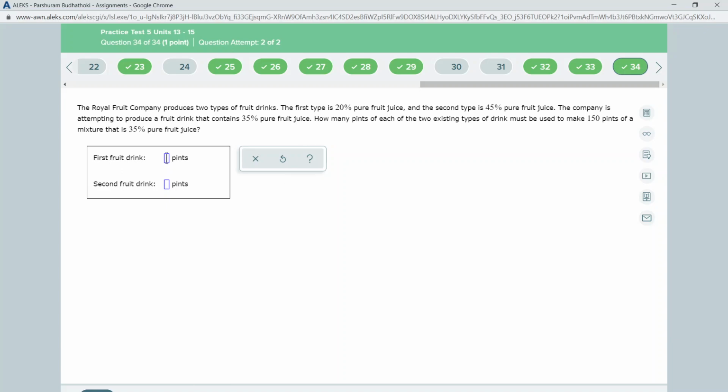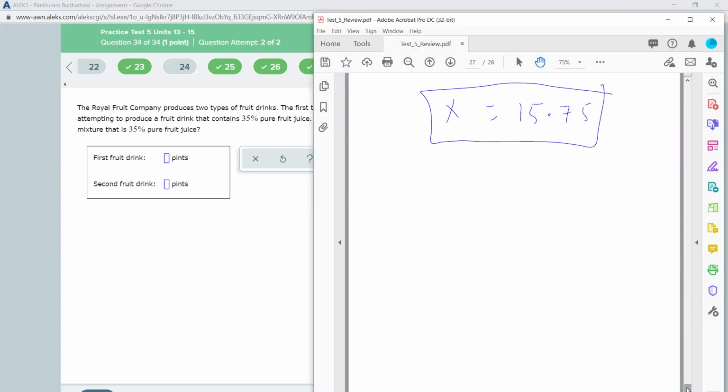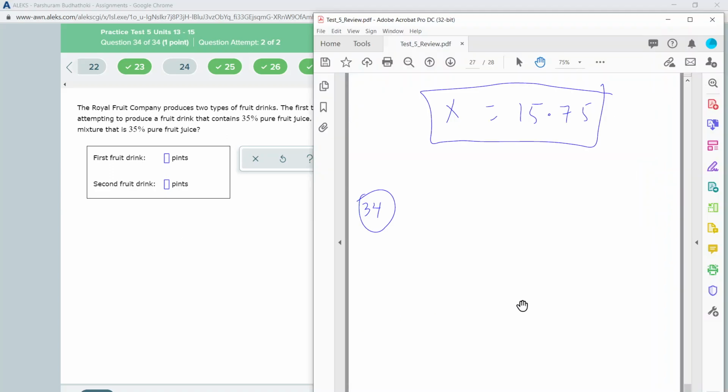So first of all, we need to understand the question very carefully. This is the last problem, 34, and there are two different kinds of drink. First fruit drink and second fruit drink. How many pints of both drinks do we need to use? So there are two variables we're going to introduce.